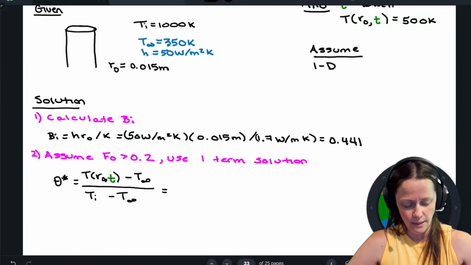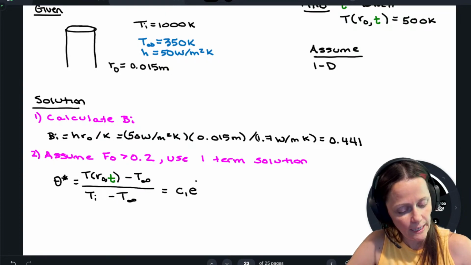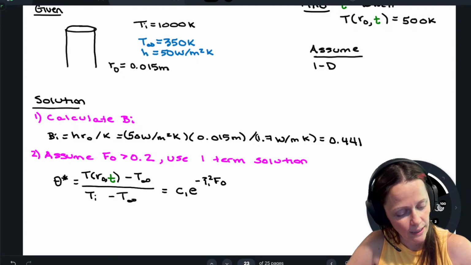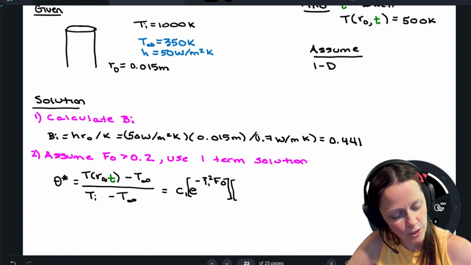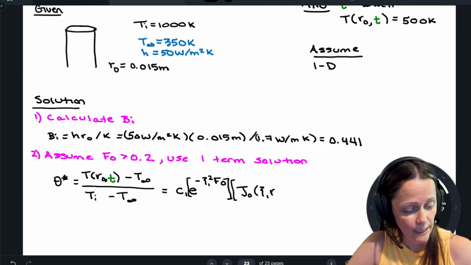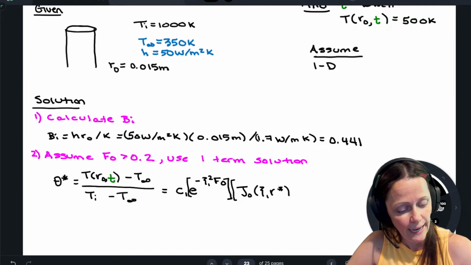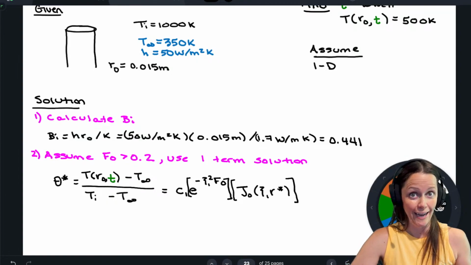And I know that this is equal to C1 e to the negative zeta 1 squared times our Fourier number, and then I've got our Bessel function here. The thing that I'm going to input is a zeta 1 value and then something called r star. That's defined really similarly to how we defined x star.